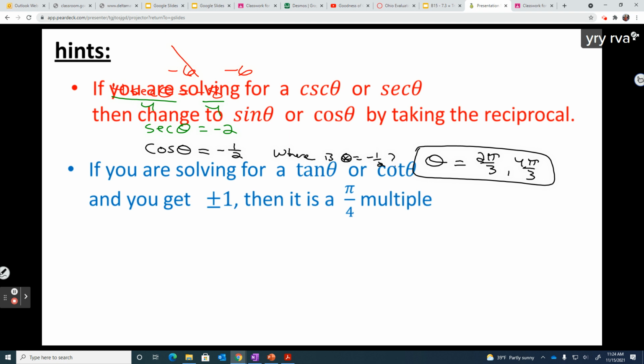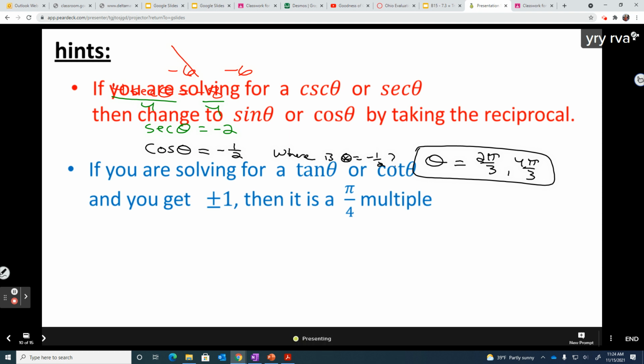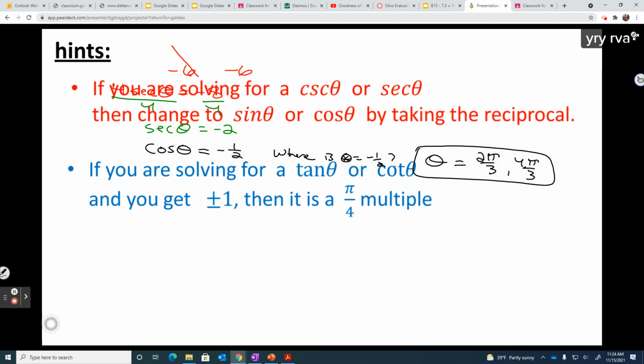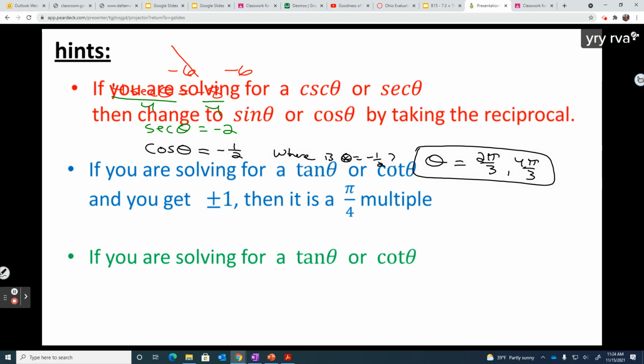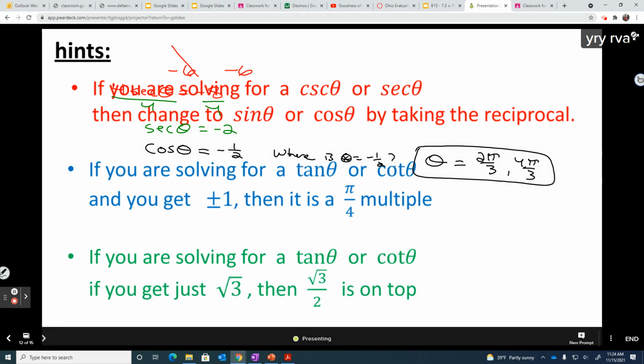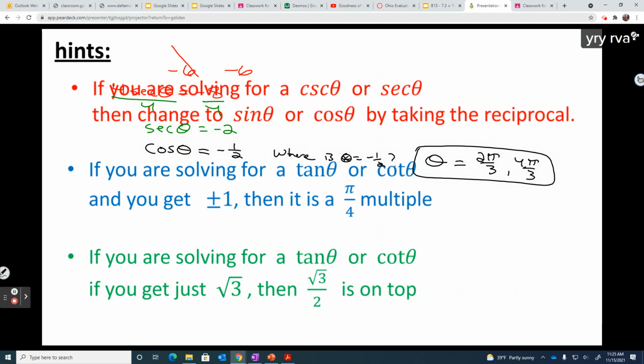That might be helpful. And then the last one, I don't think there's an example of this one, but this scenario could pop up, and we'll practice these some more tomorrow. If you get another one for tan and cotan, if our answer is just radical 3, then the square root of 3 over 2 is on top. And I'll explain to you what that means. And then we could actually add a little extra to that as well.